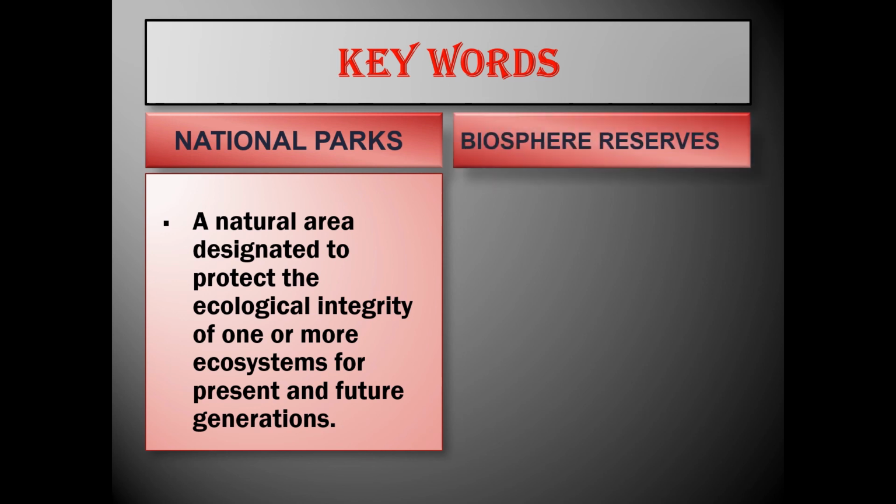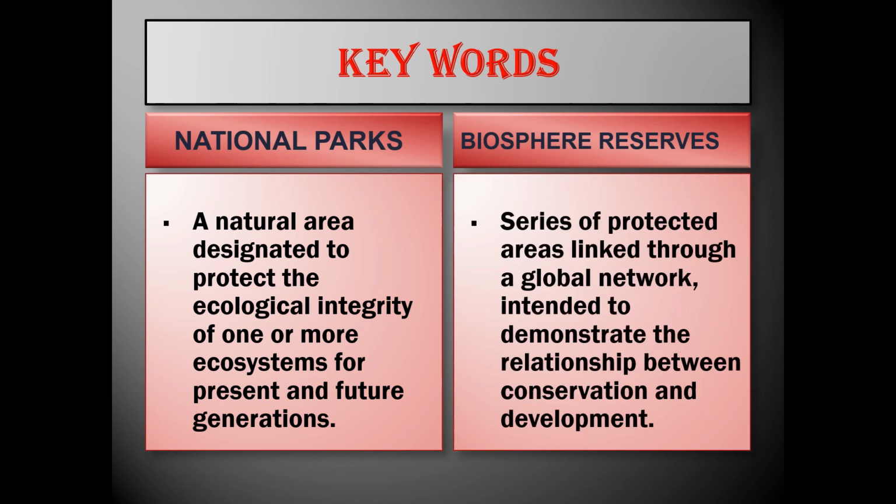And the next is the biosphere reserve. Biosphere reserves are natural areas or a series of protected areas that are linked through a global network intended to demonstrate the relationship between conservation and development.